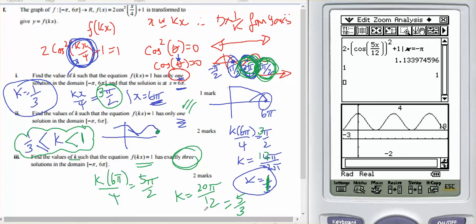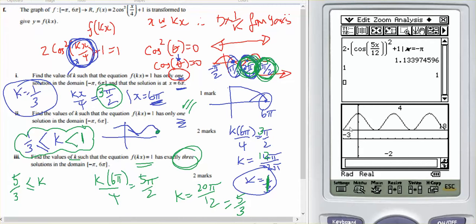So when k equals 5/3, when it's equal to 5/3, I've got exactly 3. As k gets bigger, then this point here is going to get further to the left, but this one here will start coming in.